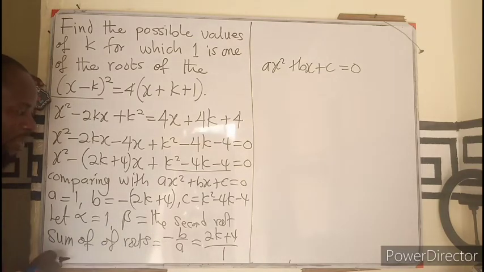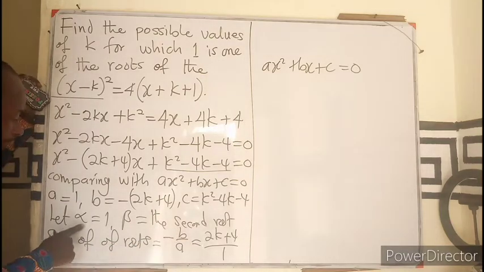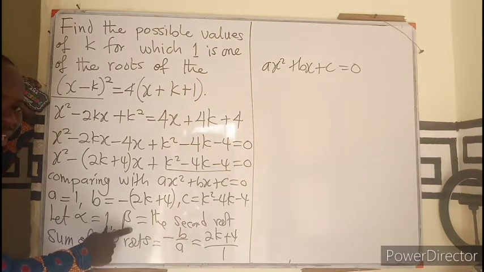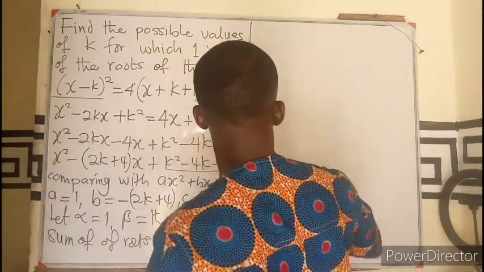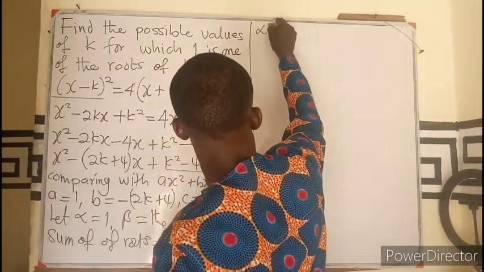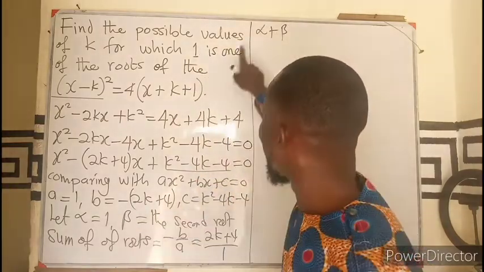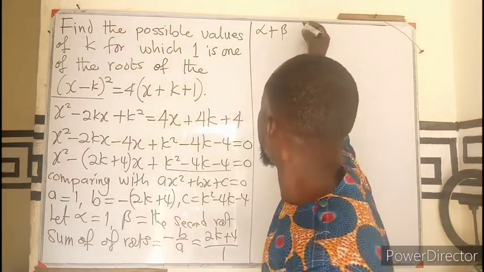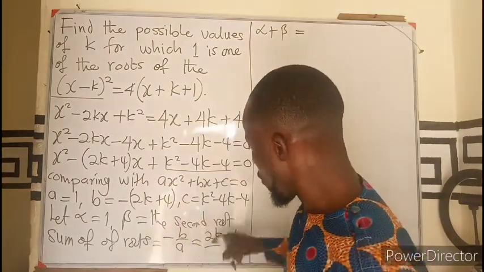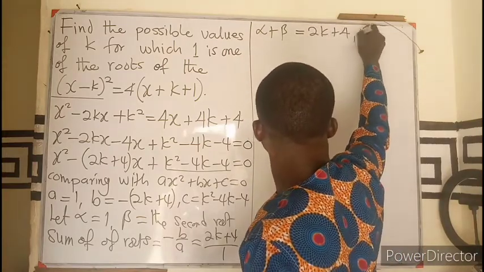But the sum is taken from the equation. But I can also add alpha plus beta to be the sum. We know that alpha plus beta is the sum, but alpha is taken as 1, then beta is going to be what we are looking for. This equals what we are having as 2k plus 4.